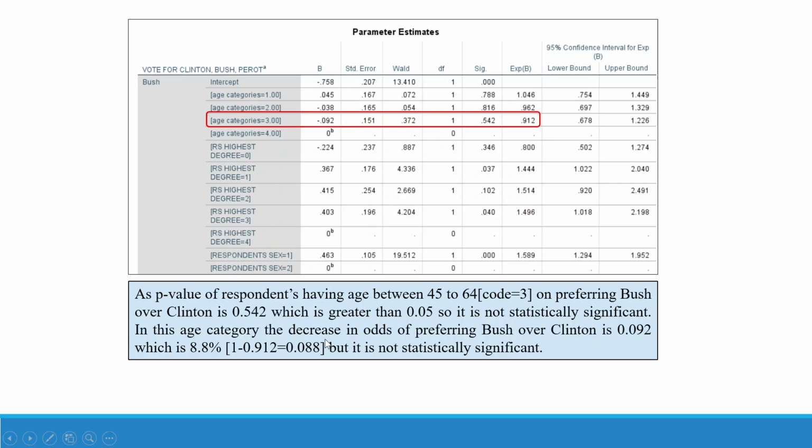So in this age category, the decrease in odds of preferring Bush over Clinton is 0.092, which is 8.8%. 1 minus 0.912. Now I have explained the concept of odds ratio, exponentiated beta in my video of logistic regression. Kindly refer to it. So this is 8.8%, but it is not statistically significant. So we can say that in this age category, the preference is more or less the same for Clinton and Bush, because this is not significant.